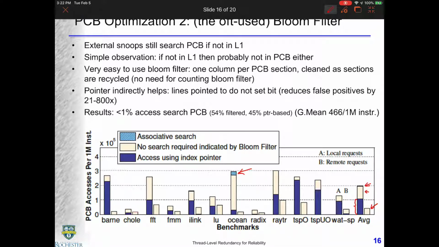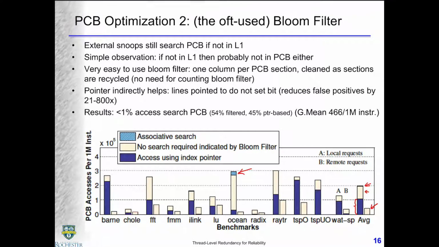So on average, less than 1% of the accesses that normally would need a PCB search now actually do an associative search. 54% of them are filtered out, 45% are done using the pointer, therefore it's not an associative search. So instead of hundreds of thousands per million instructions, the geometric mean is less than 1,000. So this is very useful.